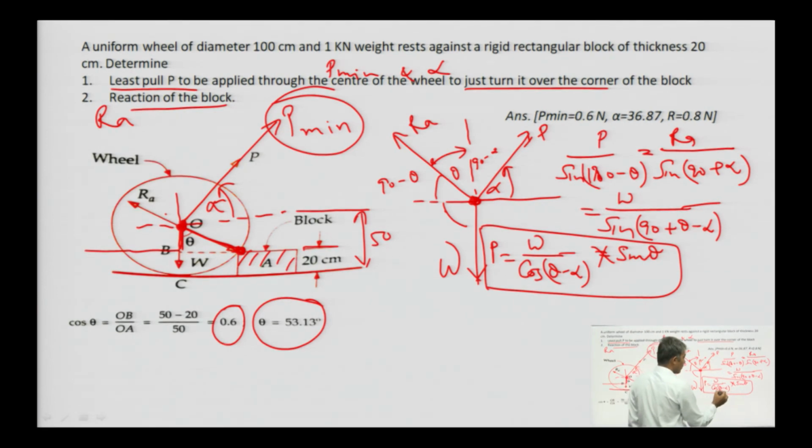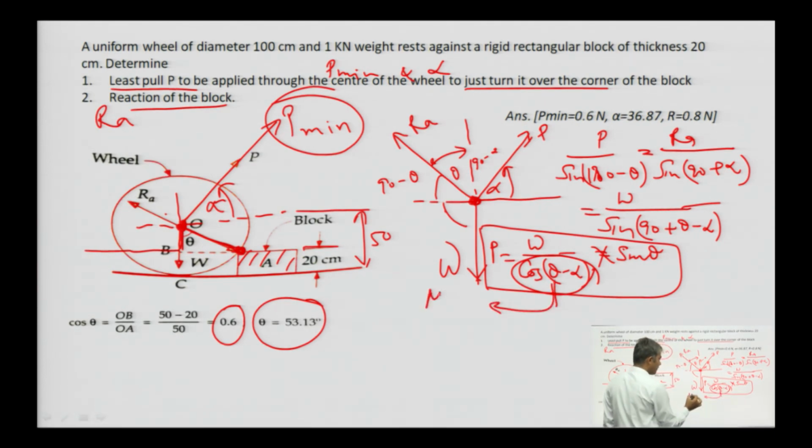P will be minimum when this denominator term is maximum. What is the maximum value of this? Maximum value of this is 1. So, 1 value means cos theta minus alpha is equal to 1.